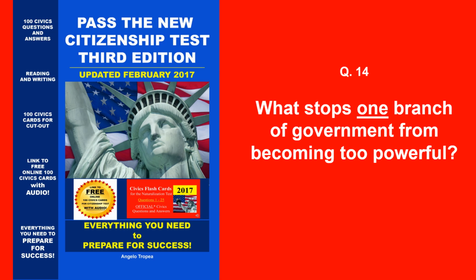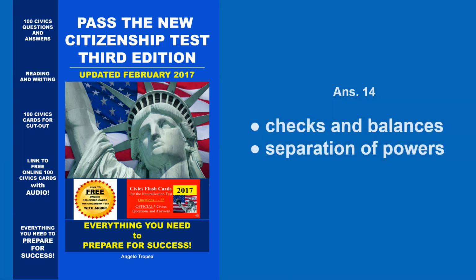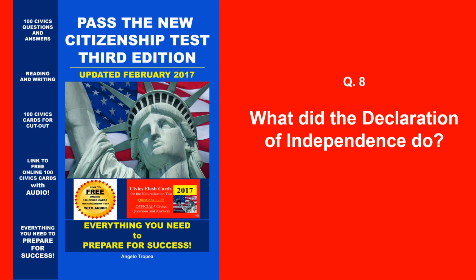What stops one branch of government from becoming too powerful? Checks and balances, separation of powers. What did the Declaration of Independence do?